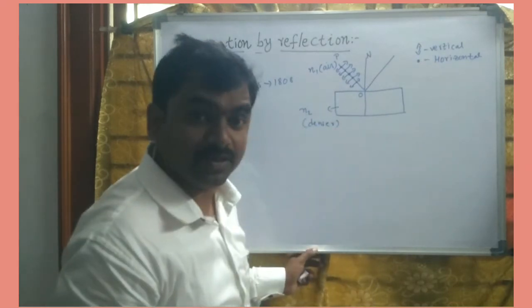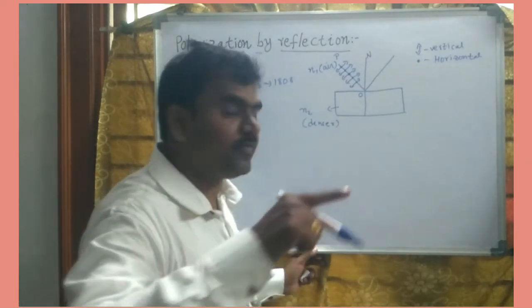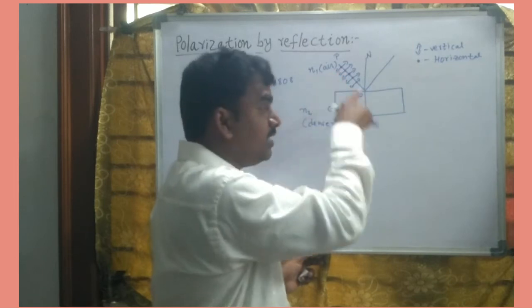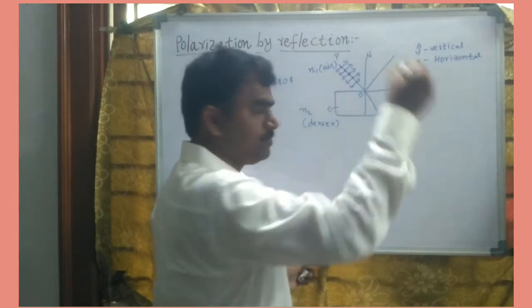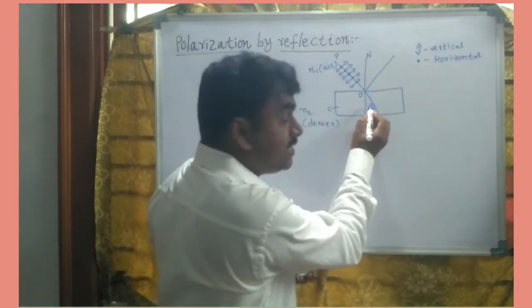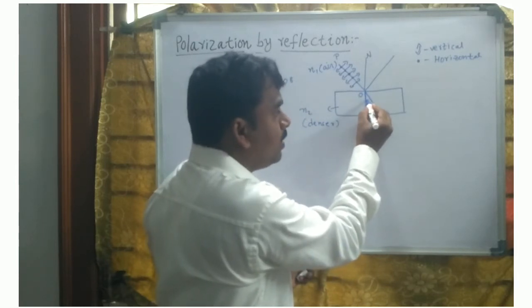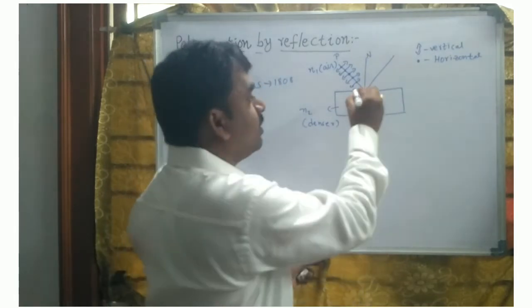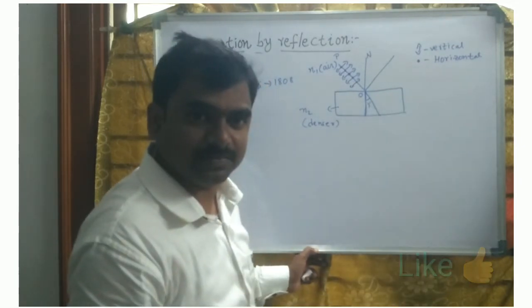As we know, when light rays travel from the rarer medium to the denser medium, refraction takes place. The refracted ray travels towards the normal, and the angle we call the angle of refraction.